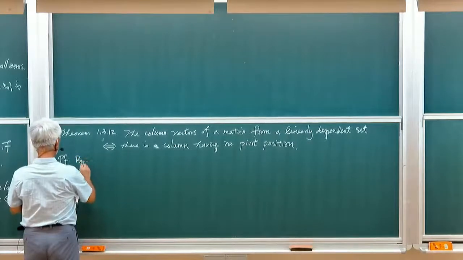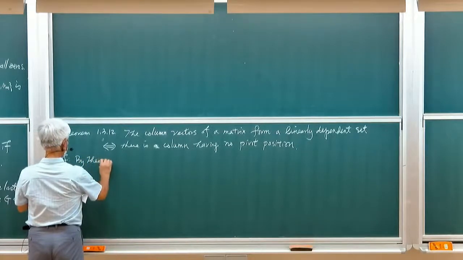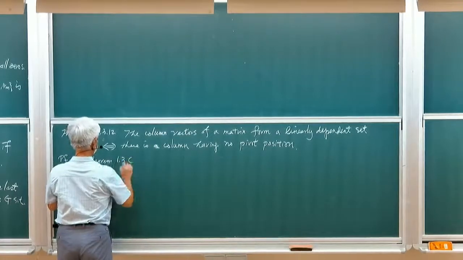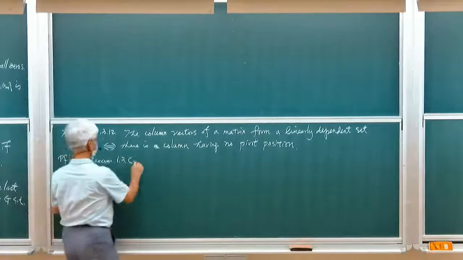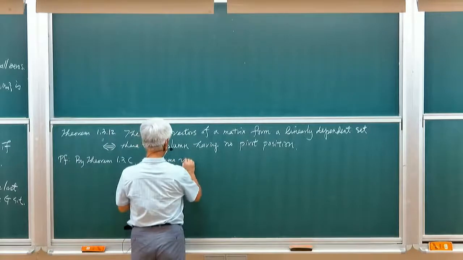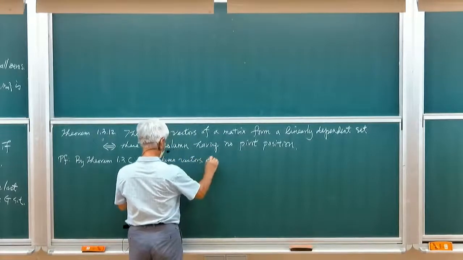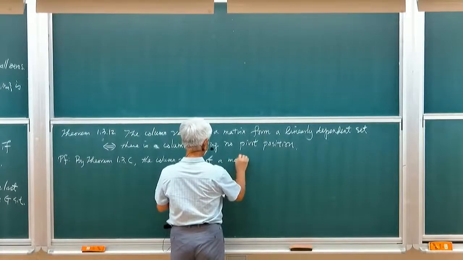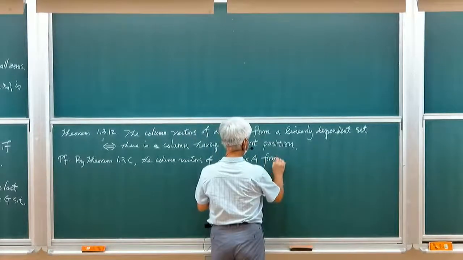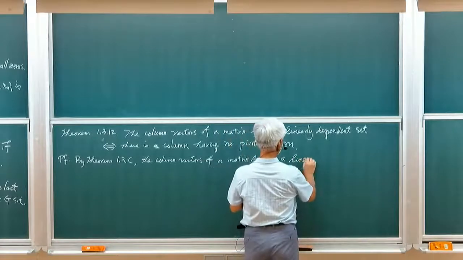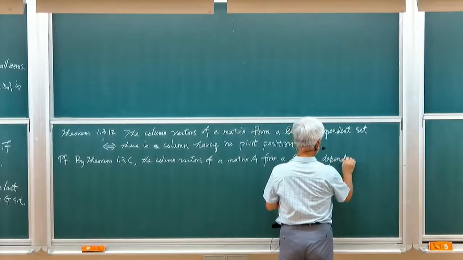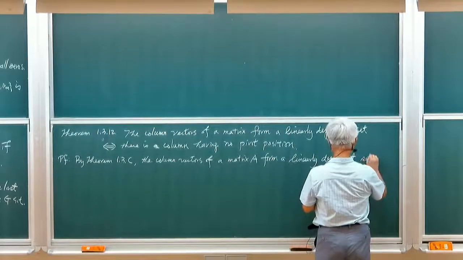All right, so we recall a theorem we proved previously, 1.3.c, that the column vectors of a matrix A form a linearly dependent set, right?